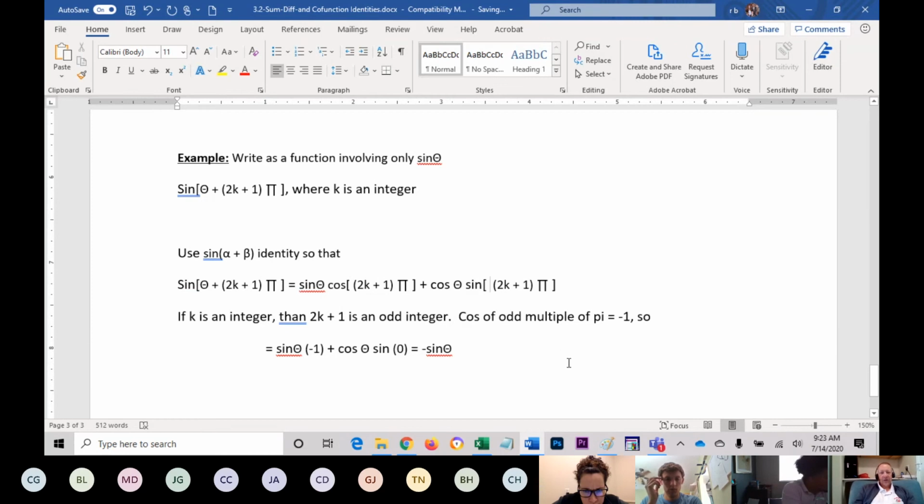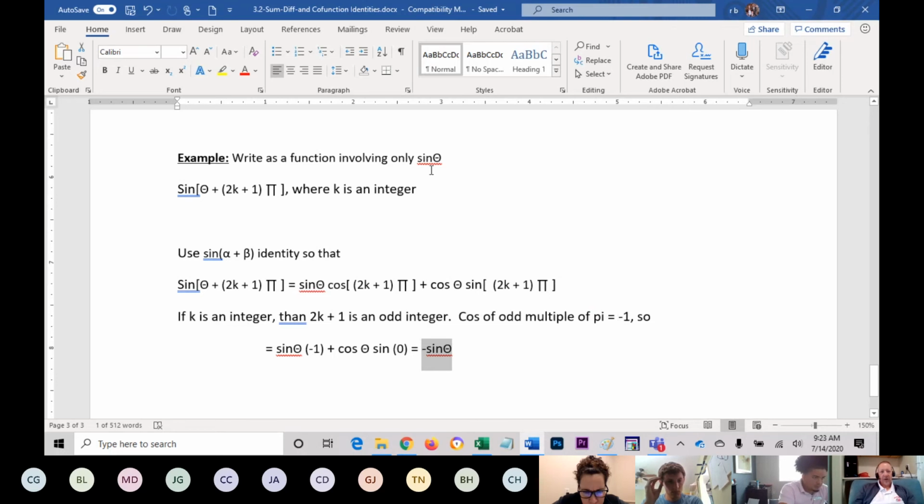So I've got the sine of theta times -1 plus the cosine of theta times the sine of any odd multiple of pi, which is 0. So this term is going to completely drop out. And therefore, all we have left is the sine of theta.